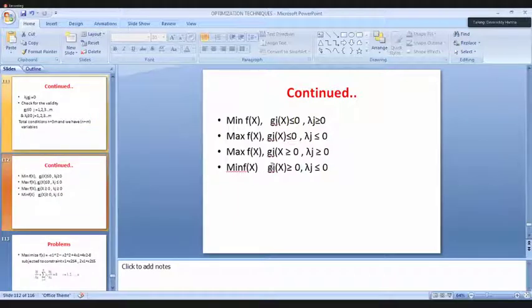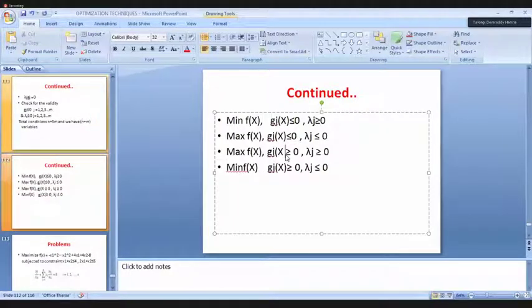And it can also be maximized when both are greater than 0. So for maximization you have two conditions, and for minimization you have two conditions. Based upon your values of gj and lambda j, you decide whether the function is a minimization or maximization function.